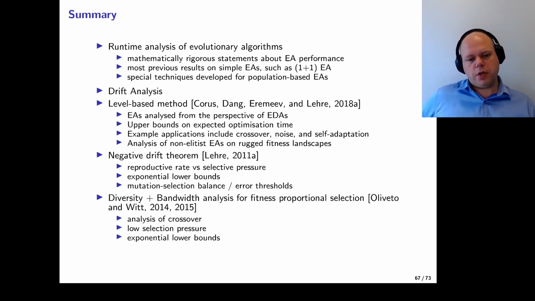Finally, Pietro described an analysis of a genetic algorithm using fitness proportional selection. Here is a complicated analysis using drift analysis, where we need also to take into account the variance or the diversity in the population.